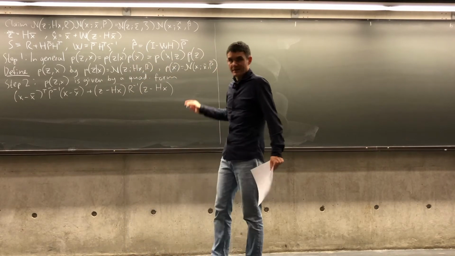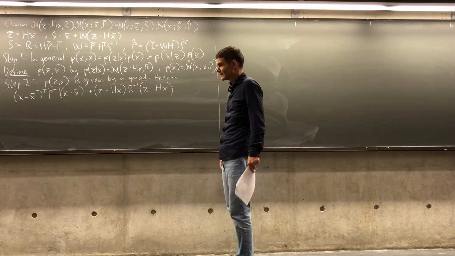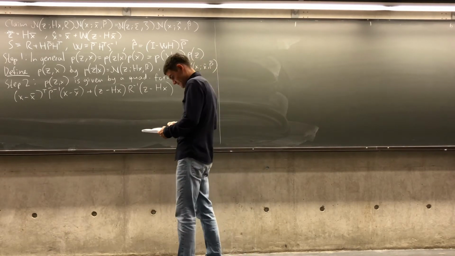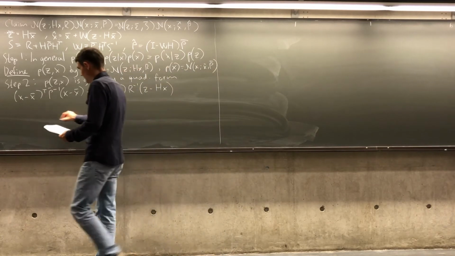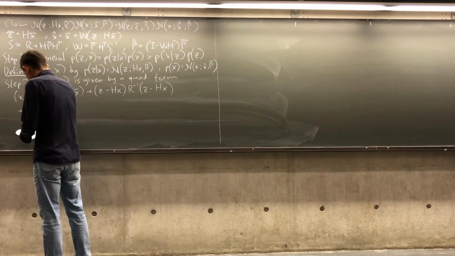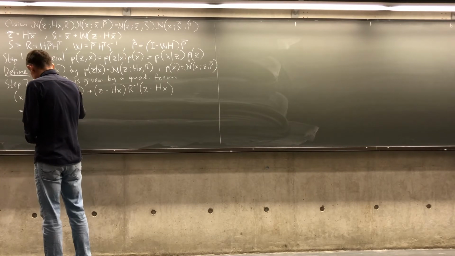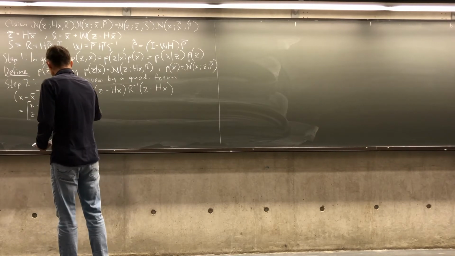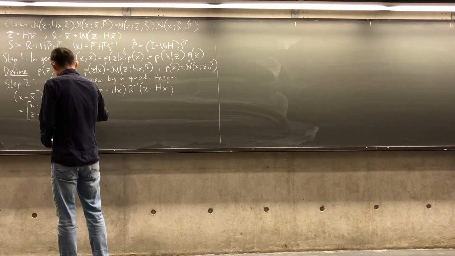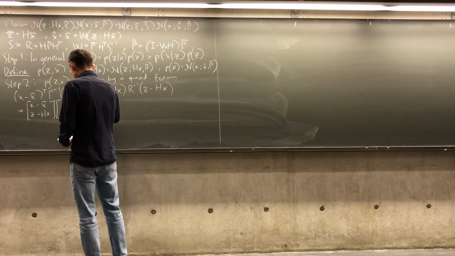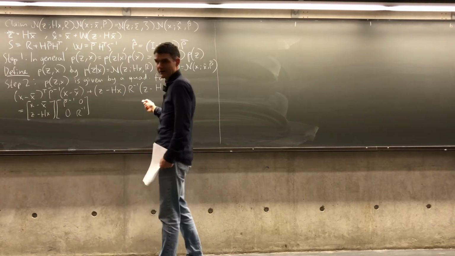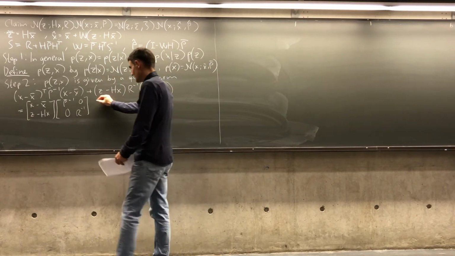Now I want to stack this together in a single vector and eventually get a single covariance matrix. My first step towards stacking this together: I can write x minus x bar, and then take the same vector, z minus Hx. And then I have a block diagonal matrix, because these two quadratic forms are happening independently of each other.